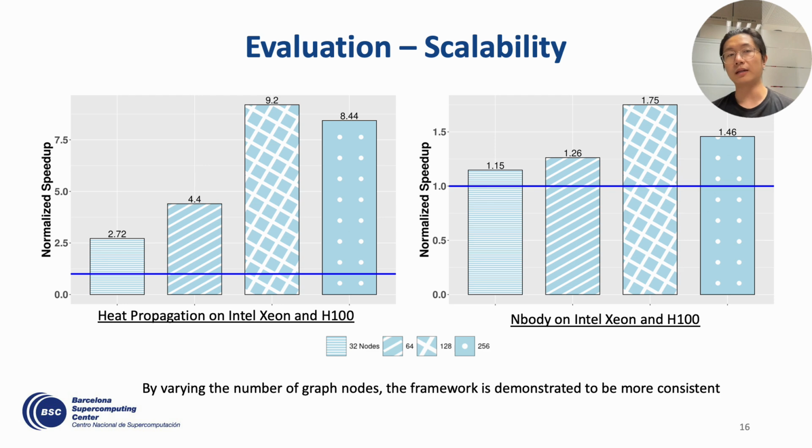For these charts, the y-axis represents the normalized speedup, and the x-axis represents the number of nodes in these graphs. We see that the speedup gain is more important when we increase the number of nodes. That's because the vanilla tasking model incurs even more overhead with more tasks, and this is not the case for our task graph framework.